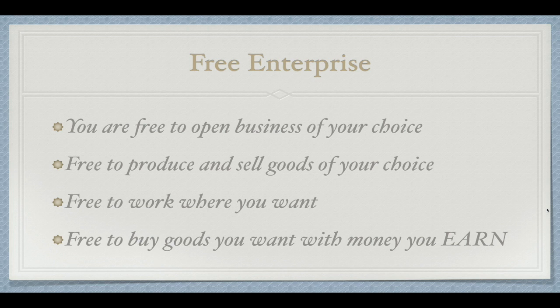You can do that. You want to take that same money and go to Meijer and buy a new fishing pole? Yeah, you can go ahead and do that. So the whole idea of free enterprise is you can work where you want, and you can buy items that you want with money that you earn.